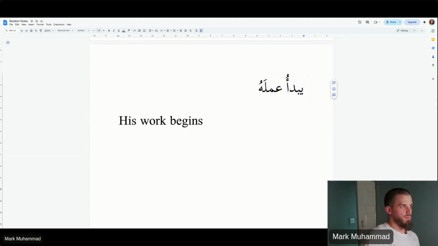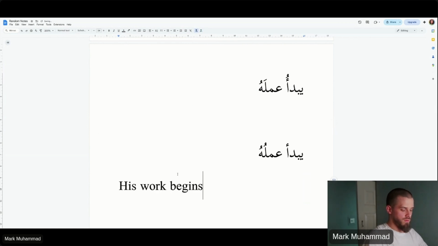Because if we put a dhamma on عمله, then it becomes the fa'il, which is ظاهر, right? Yes, and the fa'il is amal. And so it becomes like his work does something. His work begins, basically, is the translation, right?